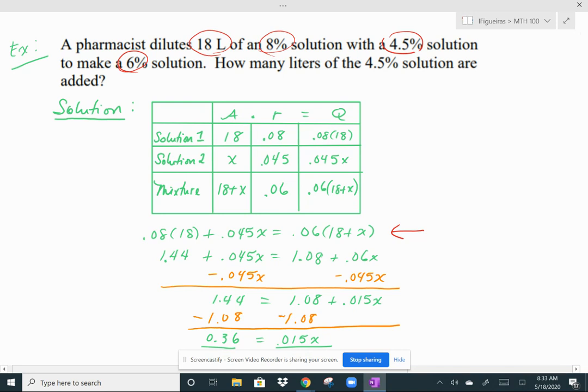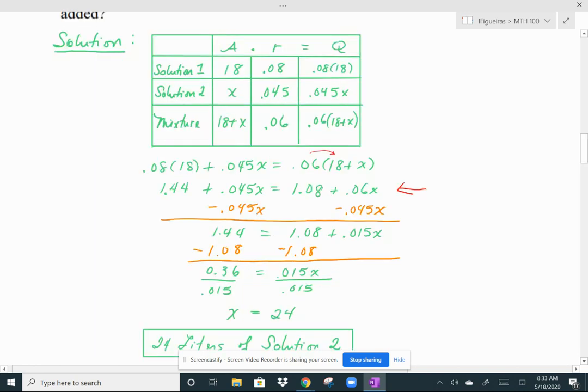Now it's just a matter of getting X on the same side of the equation and solving for X. So in the second column, all we did was multiply the 0.08 and the 18. That gave us 1.44. And we also distributed the 0.06 across that parentheses. All right, then I decided to move my X's over to the right. So I subtracted 0.045x from both sides to get this line right here.